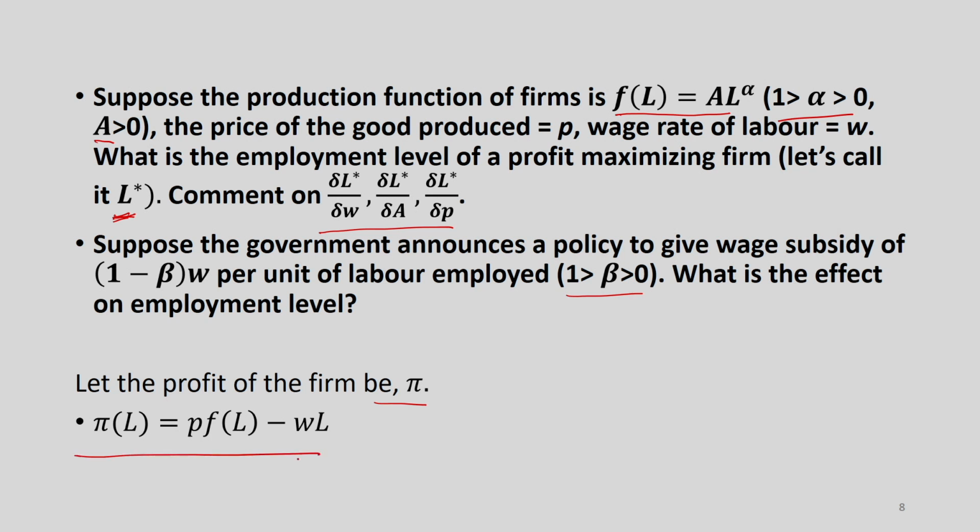So, here is the profit function: p multiplied by Q, where Q is nothing but the production function, minus the cost. What is cost here? There is only one input that we can see. So, cost is wL, the wage rate multiplied by the labor employment.